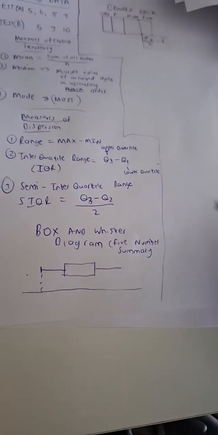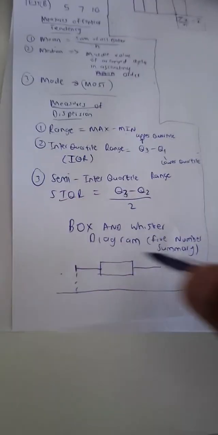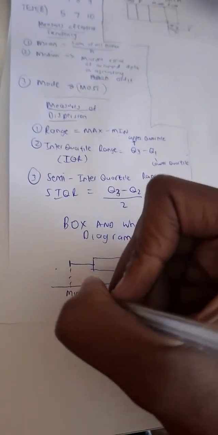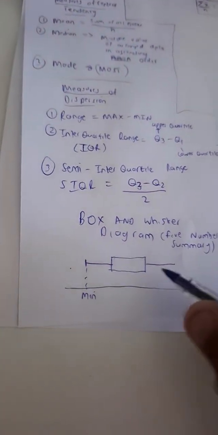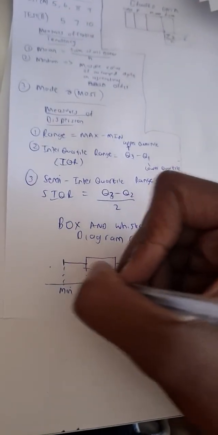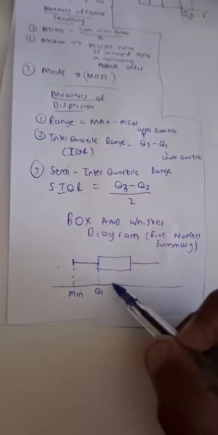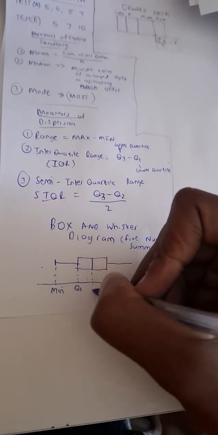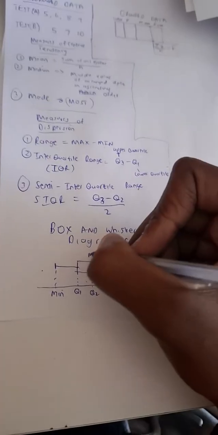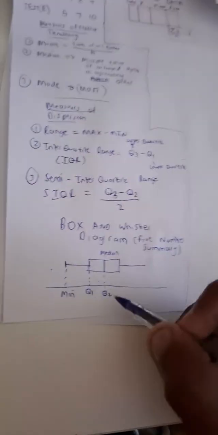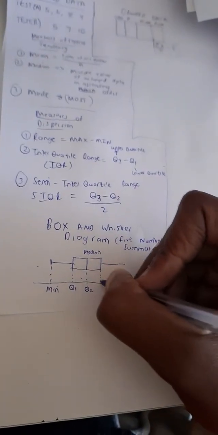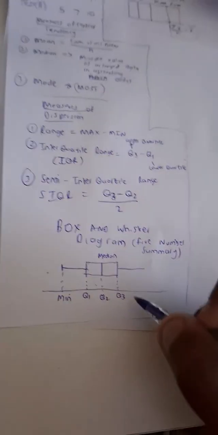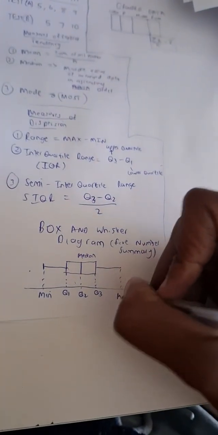That 5-number summary will include, in your data set, your minimum value. Your Q1 value will feature here. Q2, or your median value, would feature there. Q3, or your upper quartile, would feature there. And then lastly, your maximum value.